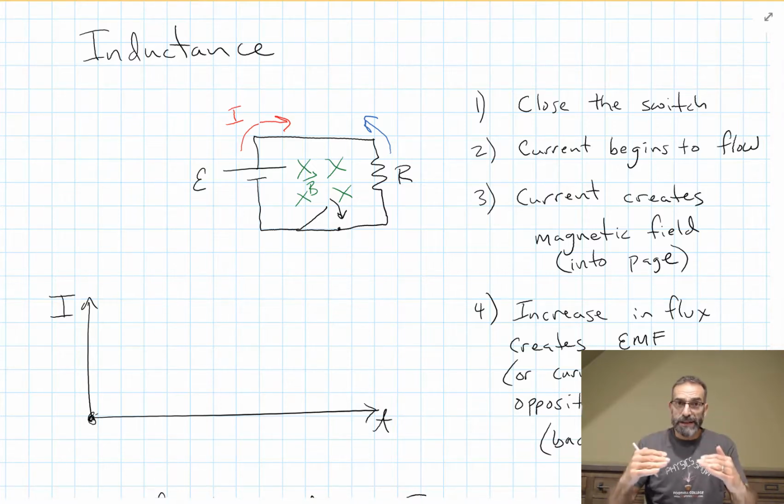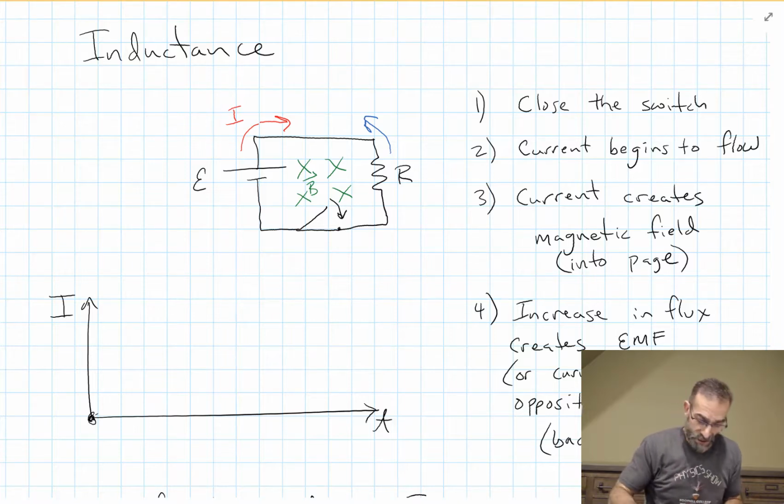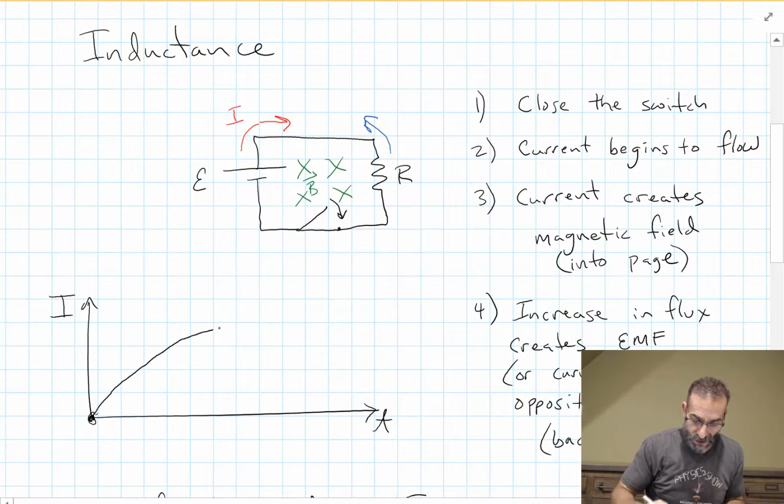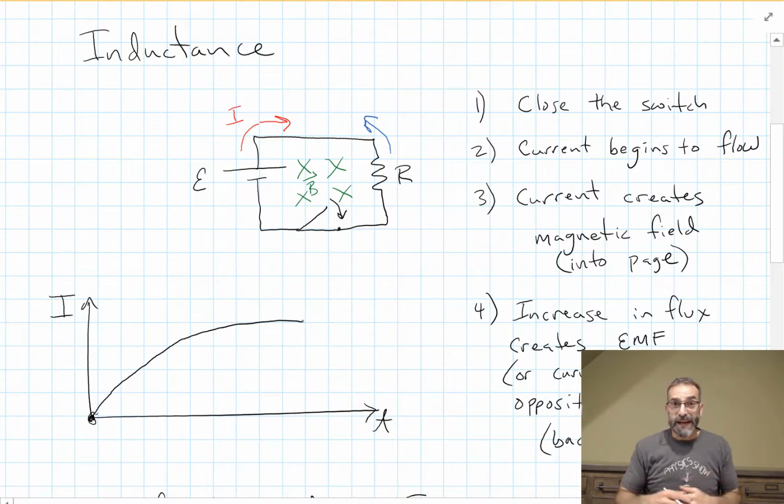But the battery always pushes with the same amount, and the back EMF diminishes as time goes on because things aren't changing as abruptly. It all has to do with the rate of change. So as time goes on, this current approaches its maximum value.